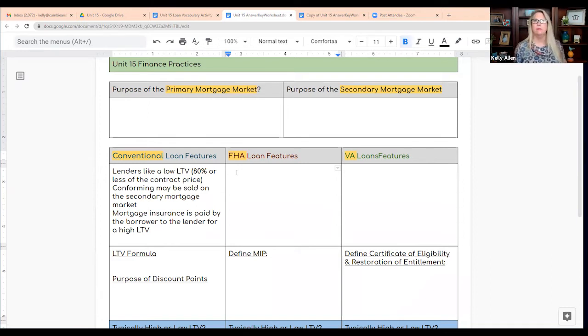So the purpose of the program is to allow for greater degrees of home ownership by requiring very little money down. So let's write that down. Requires very little money down. That means it has a high LTV.